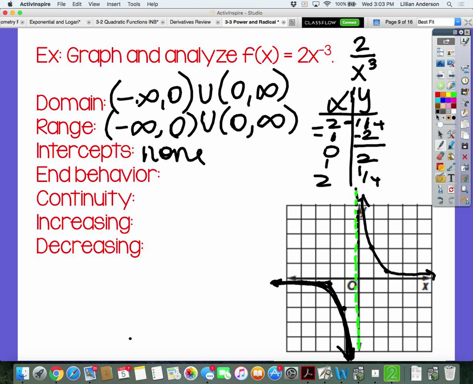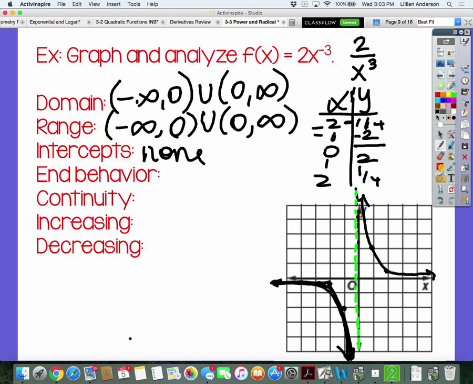If there's a vertical asymptote, it's never going to intersect at any point wherever that asymptote is. It's never going to cross or touch. Horizontal is a little bit different. We'll talk about that when we get into those types of functions after this one. But the vertical one is definitely never, ever. Horizontal, sometimes.